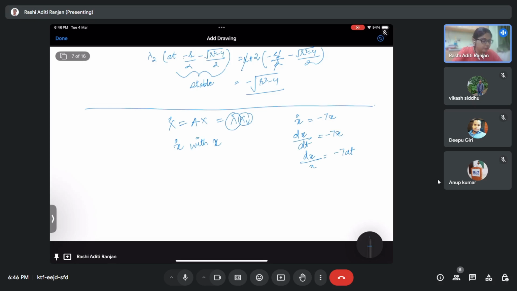If I integrate on both sides, I have ln of x equals minus 7t, so x is e to the power minus 7t. As t tends to infinity, what is going to happen? Where is x going to go? It is going to converge to a particular value, right?